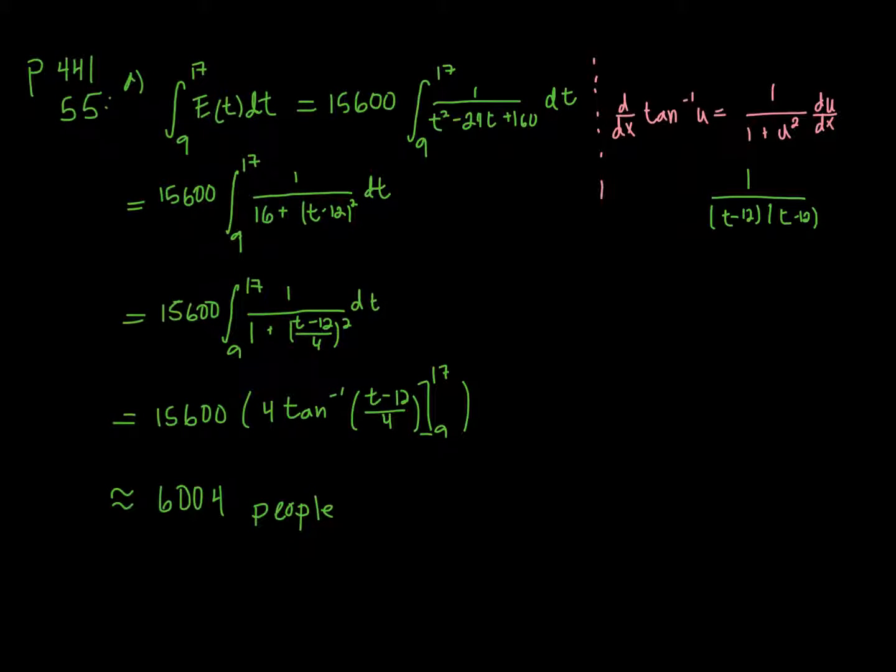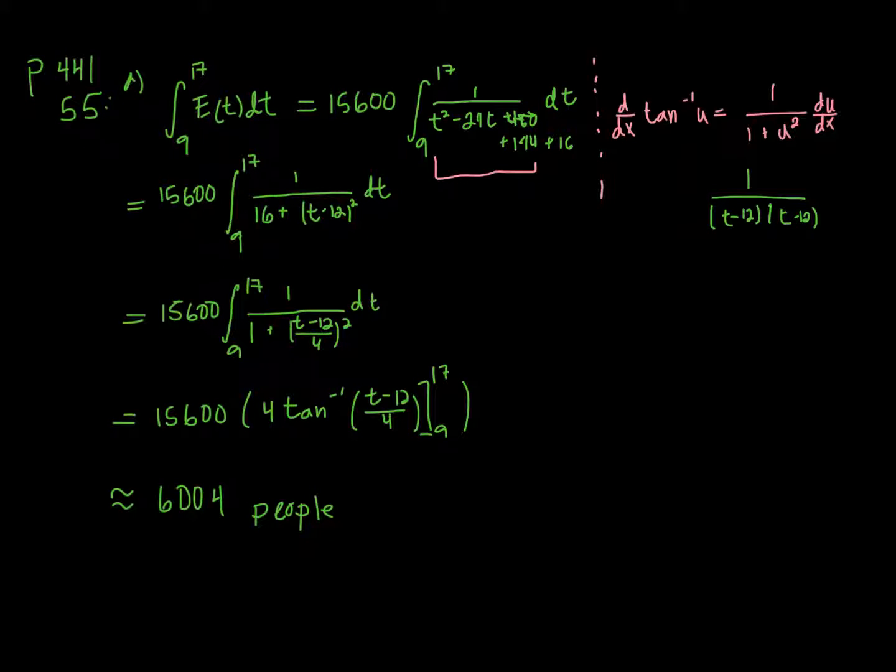However, that's okay because I can rewrite this instead of plus 160 as plus 144 plus 16. So when I consider the t squared minus 24t plus 144, I can rewrite that as t minus 12 times t minus 12.